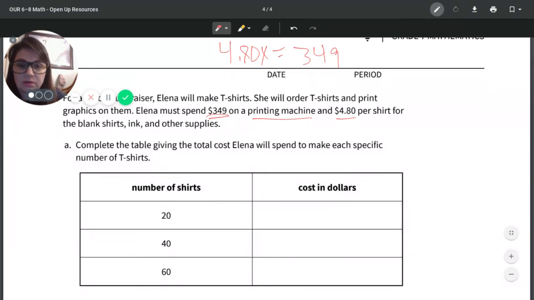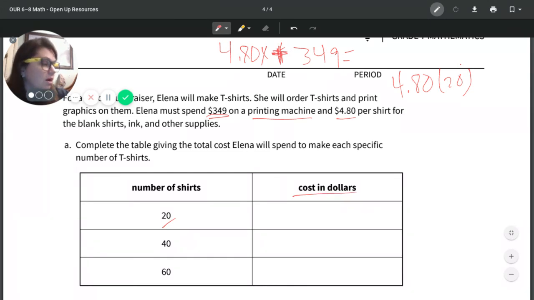So if we were to apply the same equation, we're to do 4.80 times 20. That's not an equal sign, that's plus. It will give us our total cost in dollars.